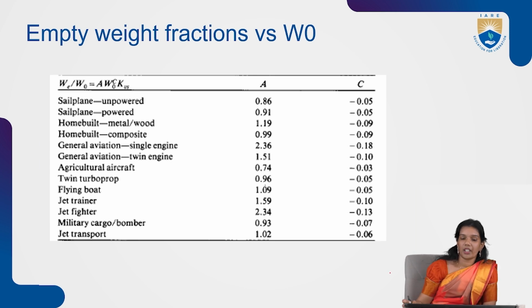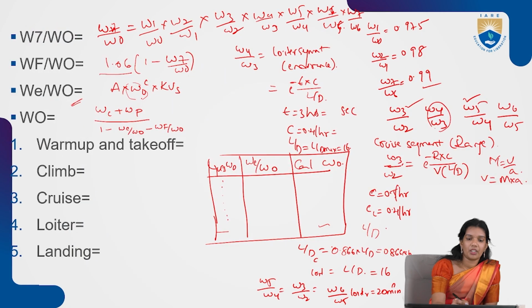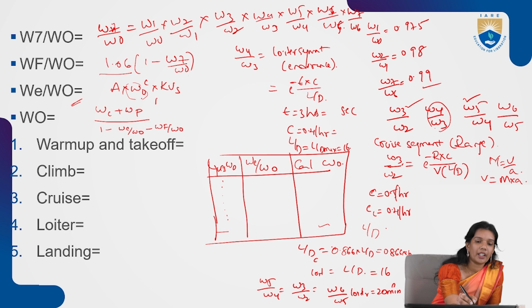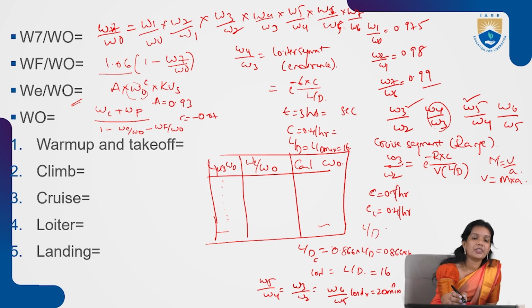So for an anti-submarine warfare bomber aircraft, A is going to be 0.93 and C is going to be minus 0.07. Then KVS is a fixed one, so my KVS is going to be 1.